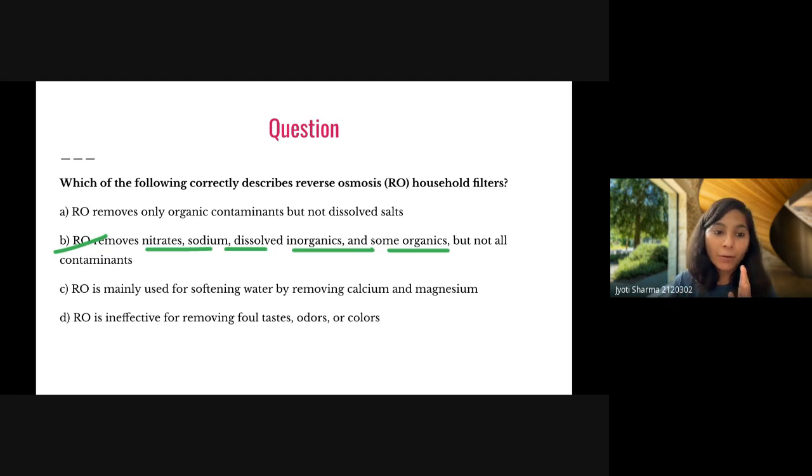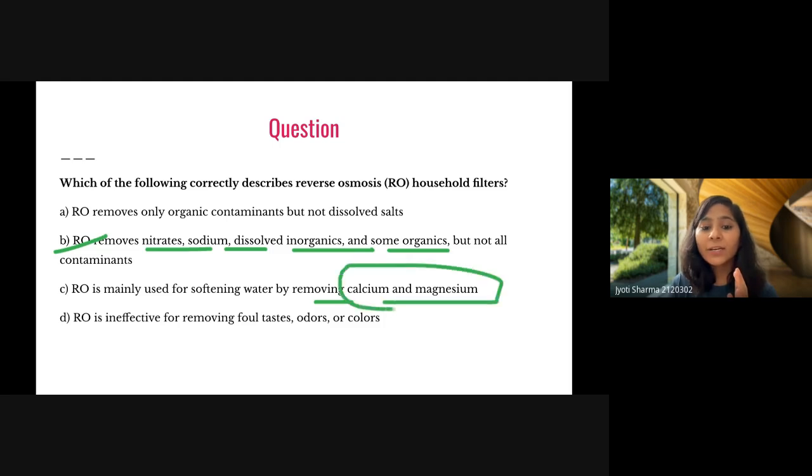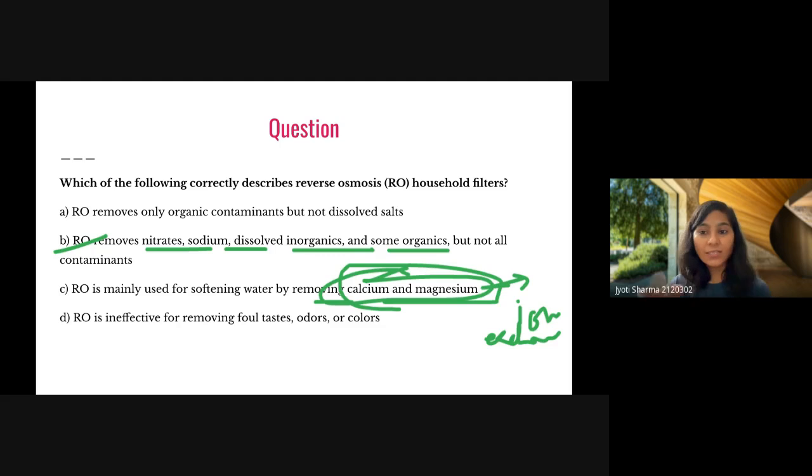If we are talking about option C, softening water by removing calcium and magnesium, this is very difficult for RO to remove this hardness. To remove that hardness, we should have an ion exchange technique. So that's how C is not the right answer, but B is.